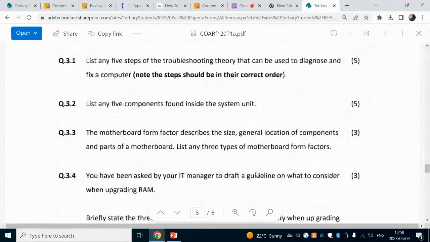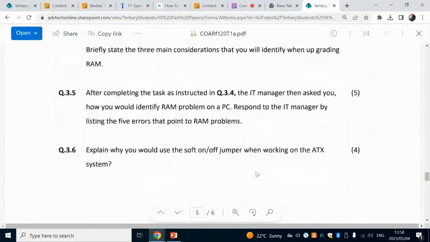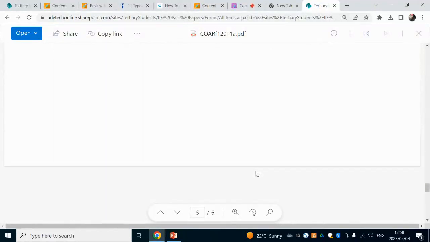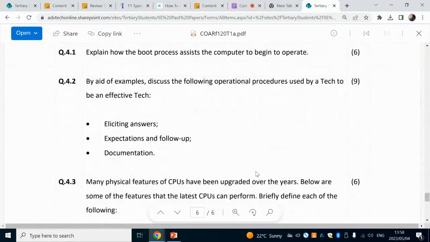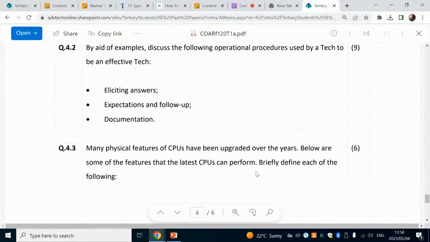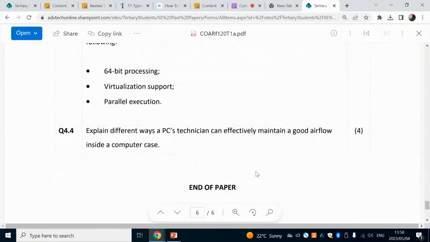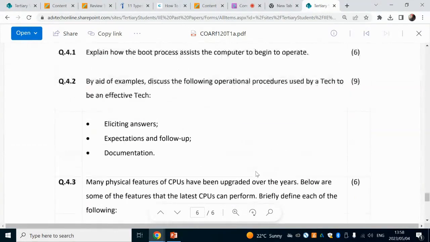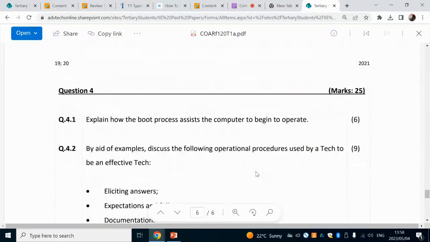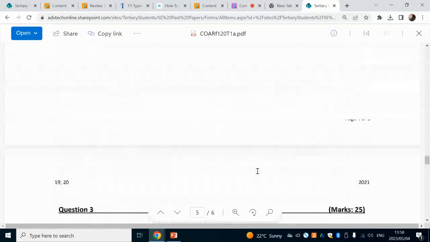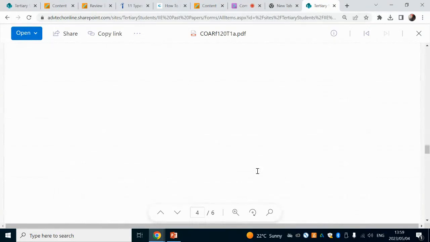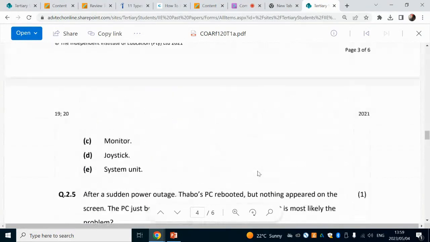Question 3, short questions. Question 4, a little bit longer questions. So there were 4 questions, okay? So it gives me an idea of the types of questions that were asked, but I'll look more at the practice test, okay? So this just gave me an idea of the structure of the paper.